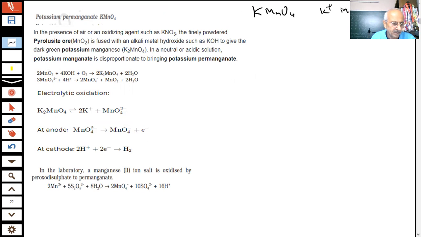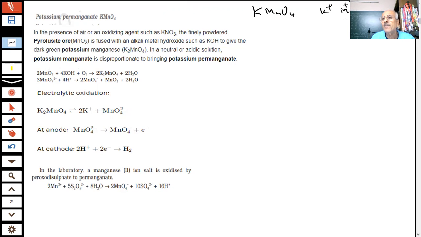In MnO4-, x minus 8 is equal to minus 1, so Mn is plus 7. We have already seen manganese in the 3d series shows the highest oxidation value of plus 7, whereas osmium shows plus 8. Manganese shows plus 7 oxidation state, students.